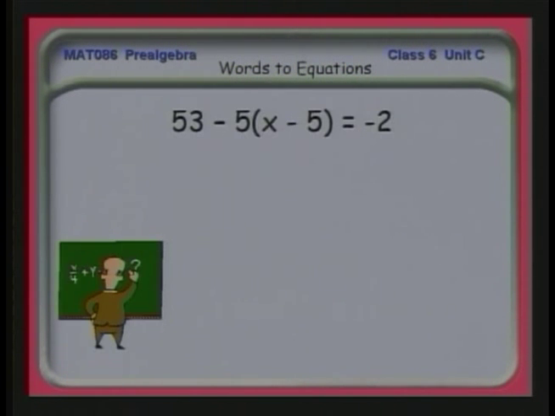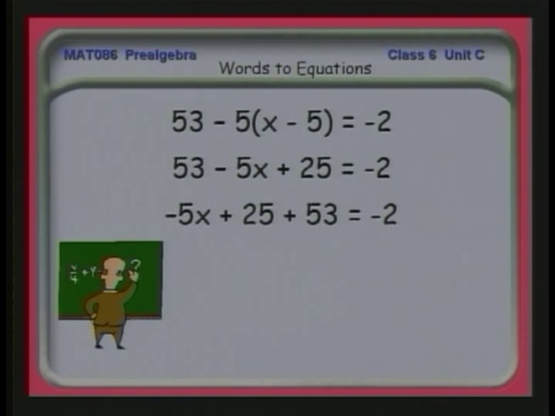Now we need to solve it. I see that I have brackets that I need to get rid of, so I need to distribute that minus 5 over the x and the minus 5. When I do that, I multiply minus 5 by each of those terms. Minus 5 times x is minus 5x. Minus 5 times minus 5 is minus times minus is plus 25.